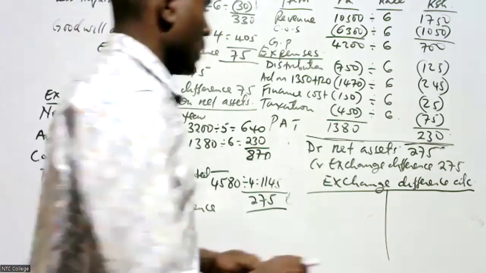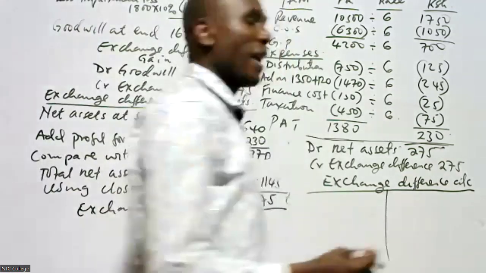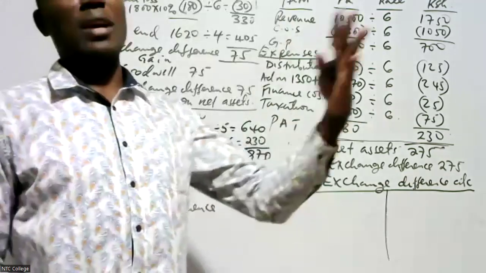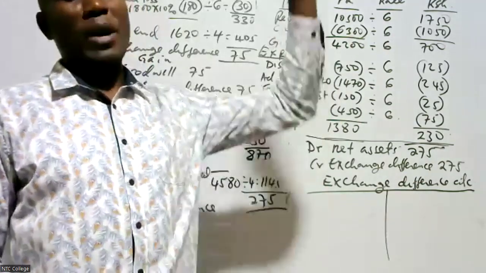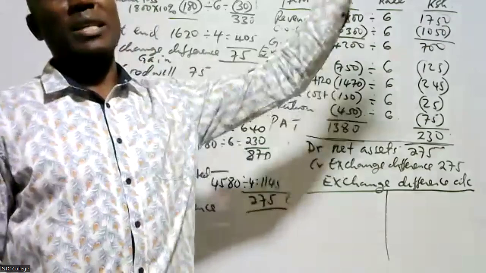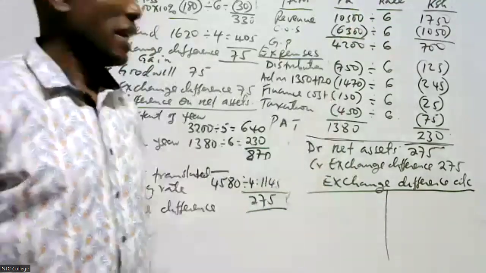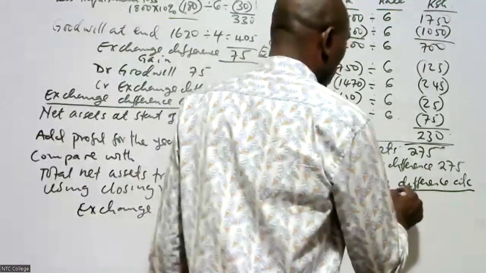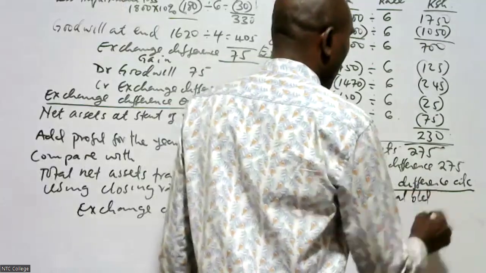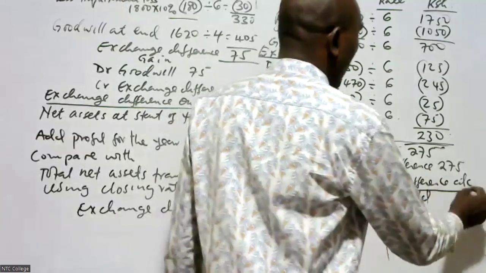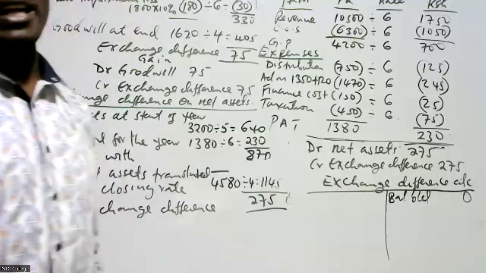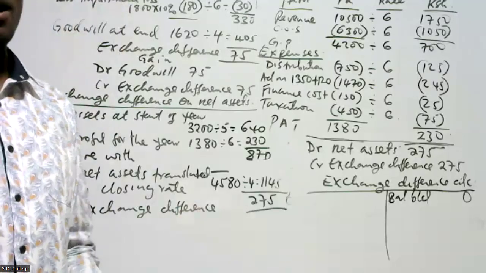Now, if we acquired a subsidiary more than 1 year ago, maybe 2017, 2018, 2020, the examiner will give us the balance brought down of the exchange difference, but in this one, because we acquired at the beginning of the year, there is no balance brought down.